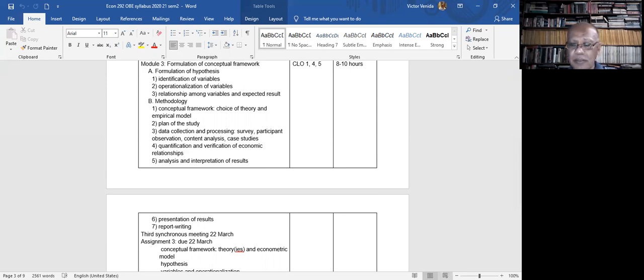Now, again, let me repeat that the hypothesis is supposed to be a simple sentence where the verb is increase, decrease, and the dependent variable is your topic.